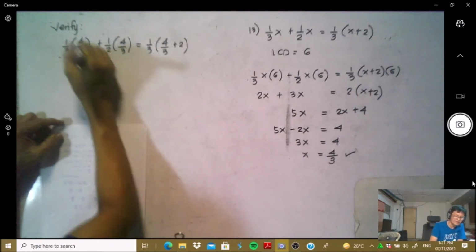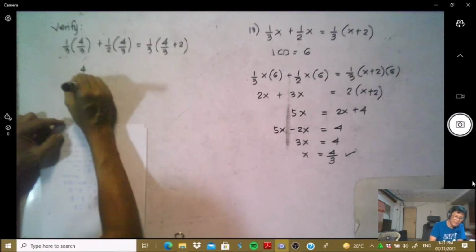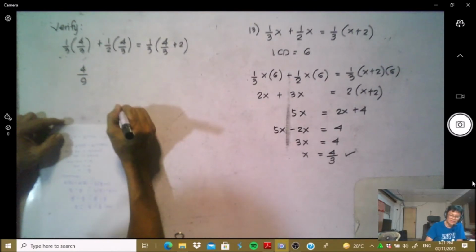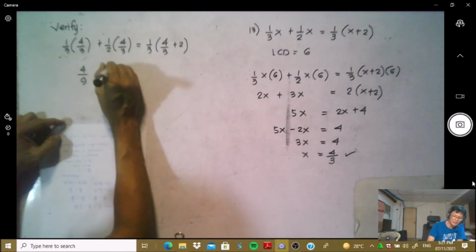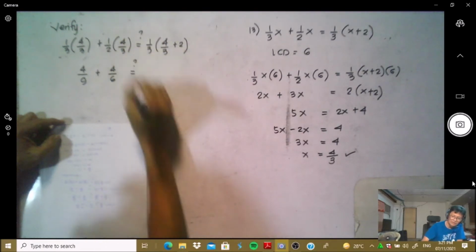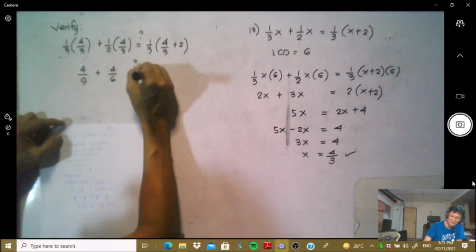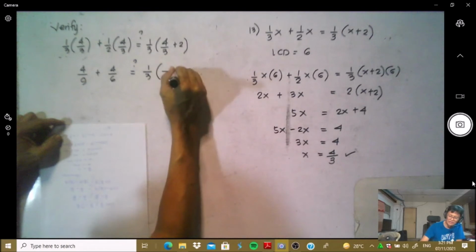We have 4/9, okay, 4/9 plus 4/6 will be equal to, okay, 1/3. Then let's simplify this first. Divide all terms by 3.